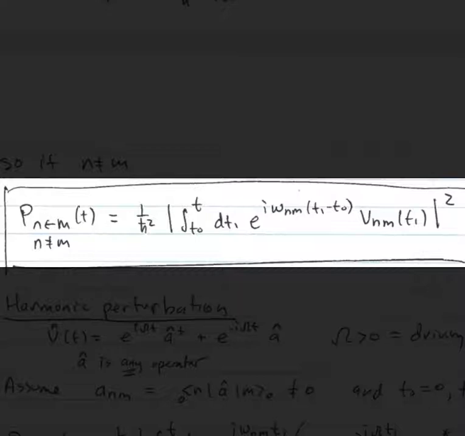All of the time dependence in V_nm comes from the time dependence in the operator. This is not the operator in the interaction picture. This is the operator in the Schrodinger picture. Okay, so it's that easy. That's how we got the lowest order contribution for this transition between state m and state n in the case where n does not equal m.